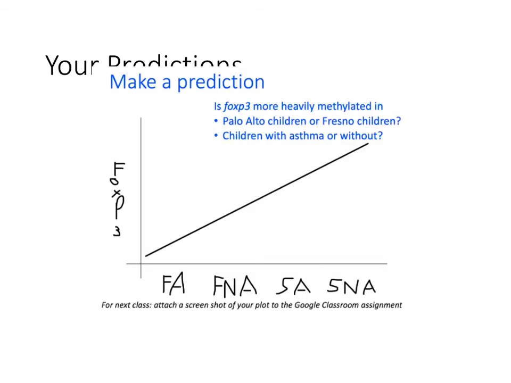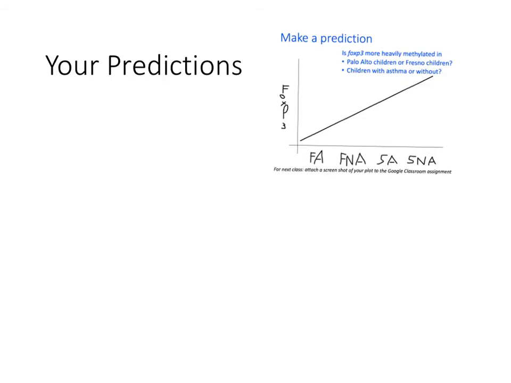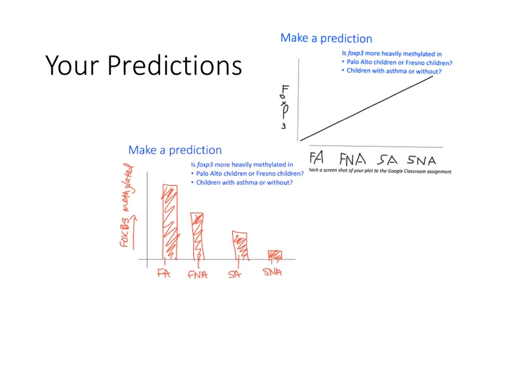And that's why I asked you then to make a prediction of what happens to methylation of the FOXP3 gene. So there's one. About a third of you participated, which is better than it could have been, I suppose.